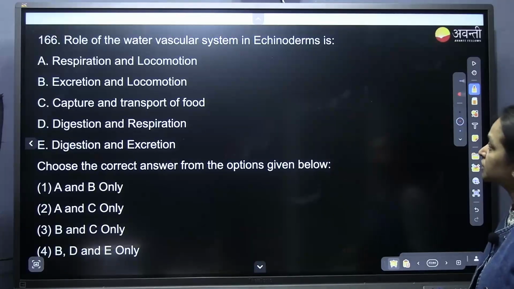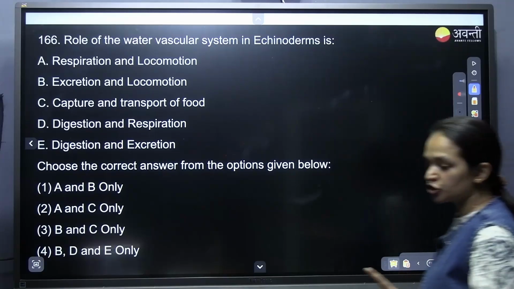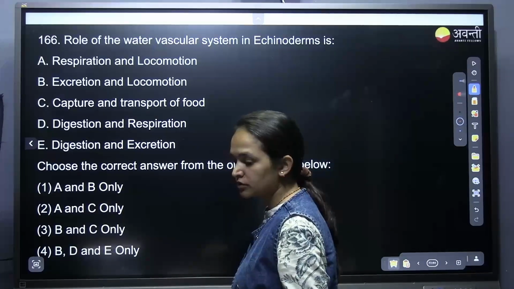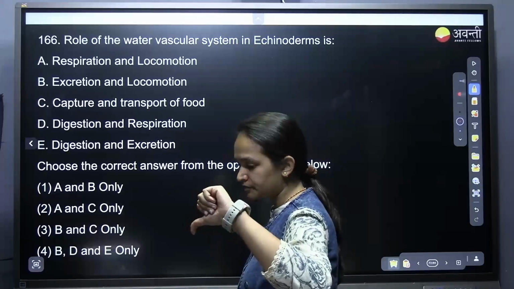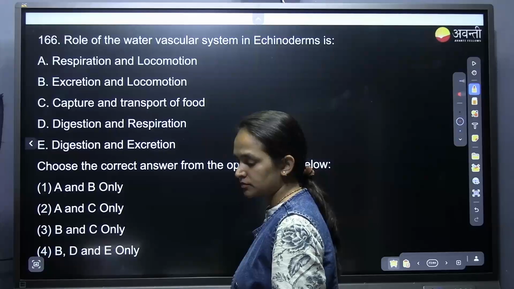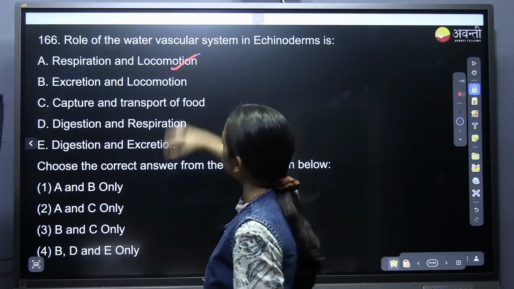Role of the water vascular system in echinoderms. Respiration and locomotion, yes.